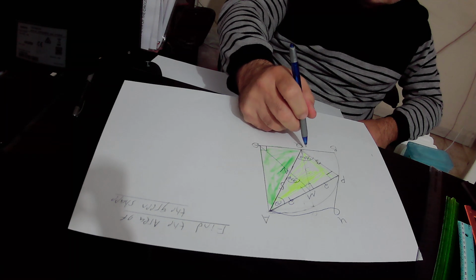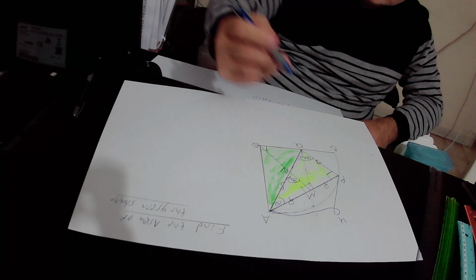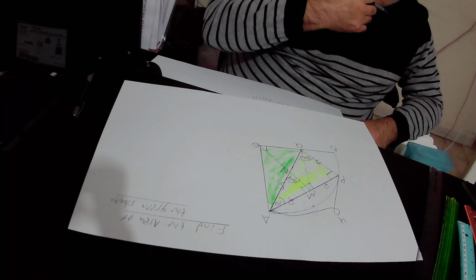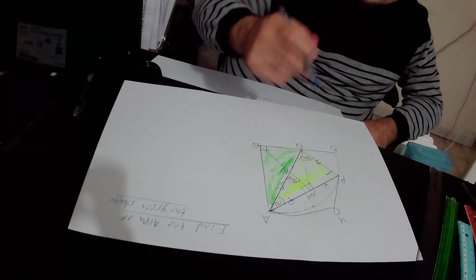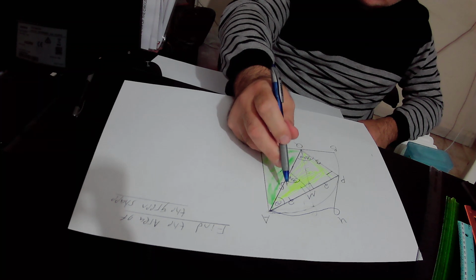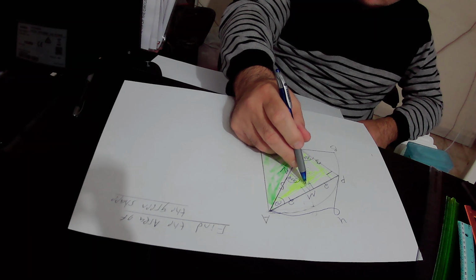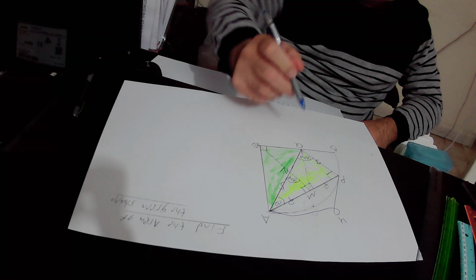Why? Because 90 degrees minus theta plus theta is 90 degrees, and 90 degrees plus 90 degrees is 180 degrees. The sum of the angles in any triangle is equal to 180 degrees. The same thing is true in the right triangle AMN.